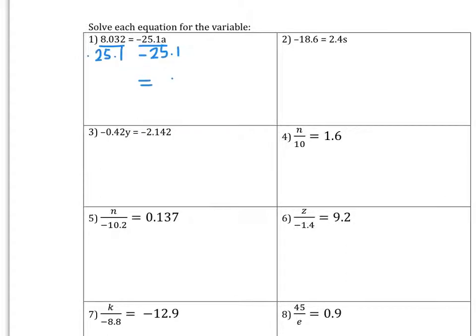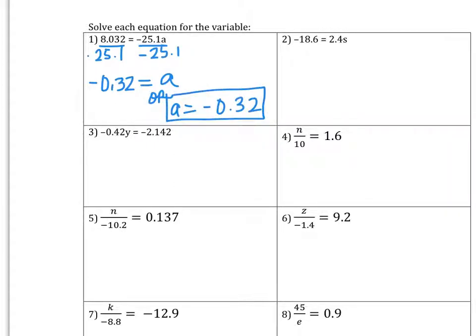That's going to give us an A over here, and we have 8.032 divided by negative 25.1, and that is going to give us a negative 0.32, which equals A, or another way to write it is A equals negative 0.32. Either way is correct.